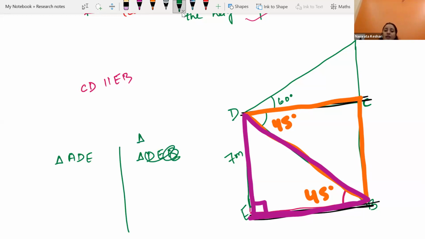It will not change our answer. If you take the orange color triangle, that is DBC, and the above one, ADE, it will not change anything. Let me wipe it from here. Even if you take the orange one as it is, let's do it.